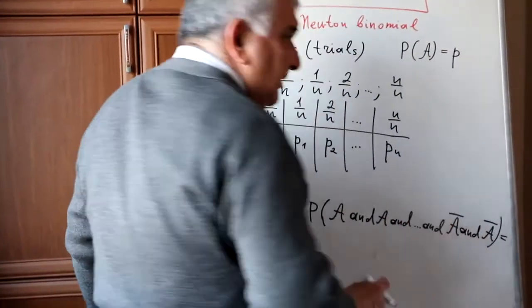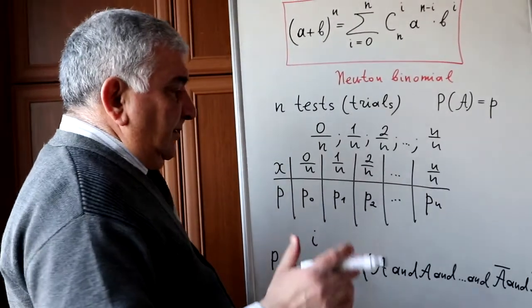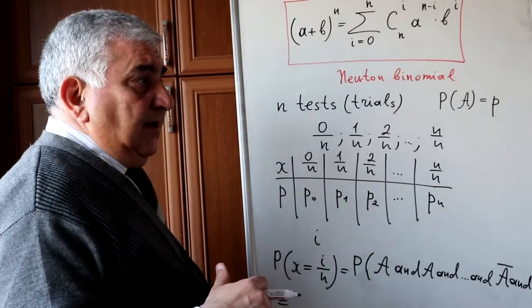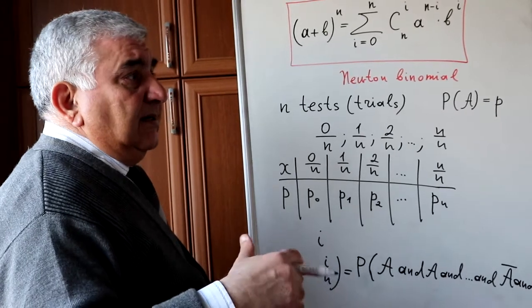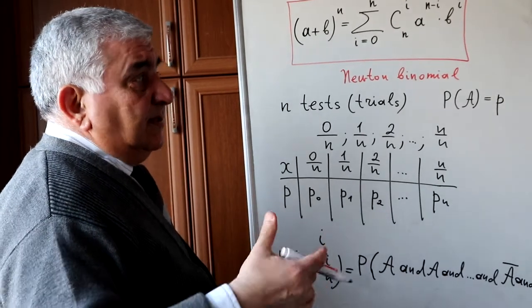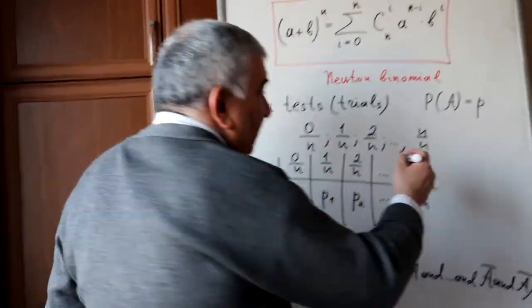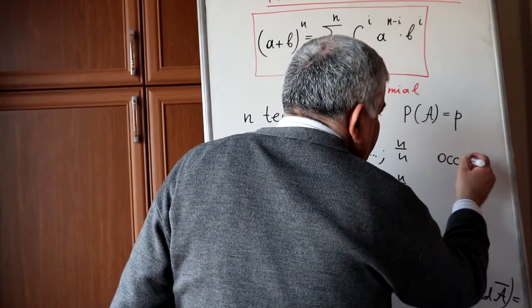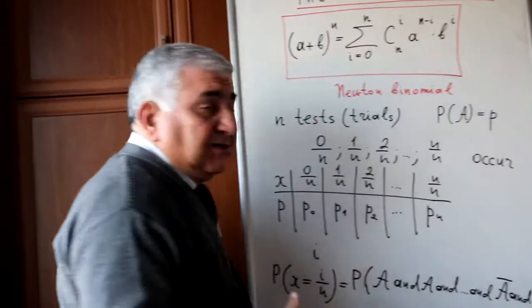A with a line is the opposite event of A. It means the event A doesn't occur. Baş vermek, karşıya çıkmak.